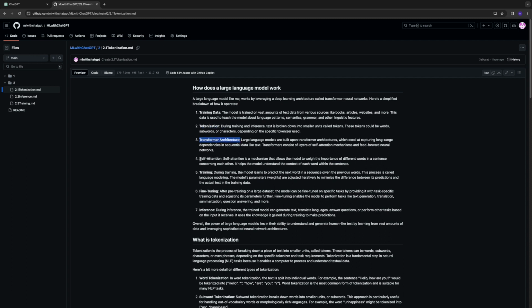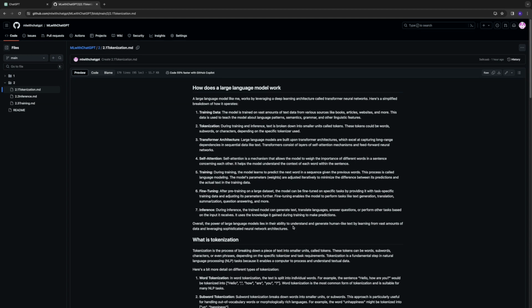The model uses a self-attention mechanism, and we need to train it, and also we do fine-tuning for different tasks, like text generation, translation, summarization, question answering, and more. And also we can do inference. So the trained model generates text, translates languages, and does different types of tasks.